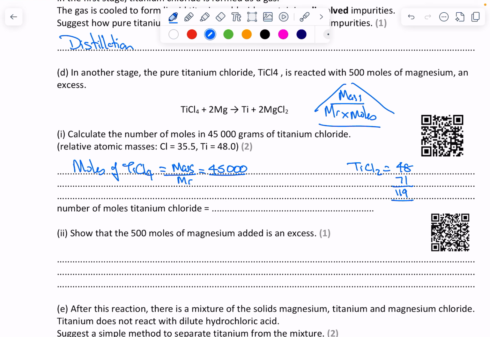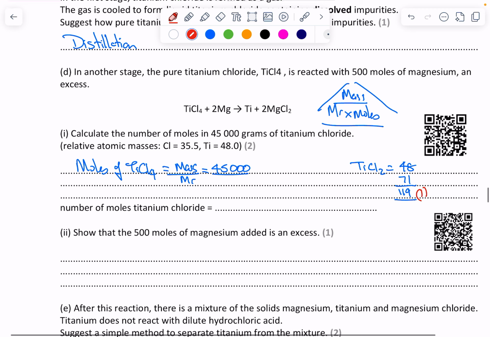Now, in this question, I'm actually going to get one of the marks for working that bit out. So Mr is 119. We do that on our calculator, so 45,000 divided by 119, and that's given me 378.2 moles, and that would get me the second mark in that particular question.